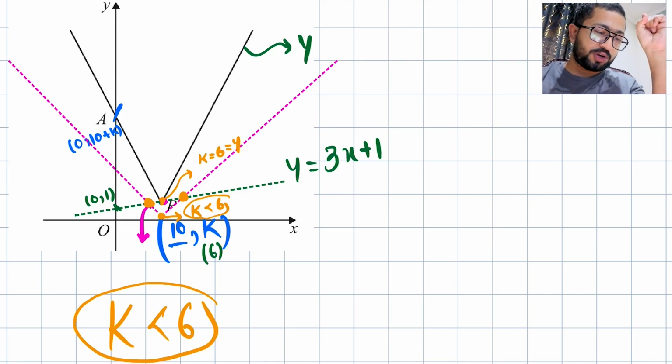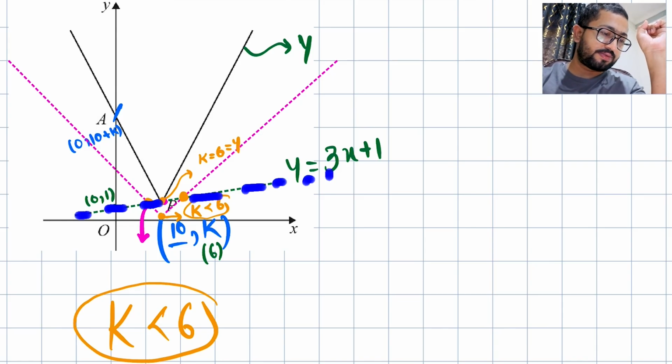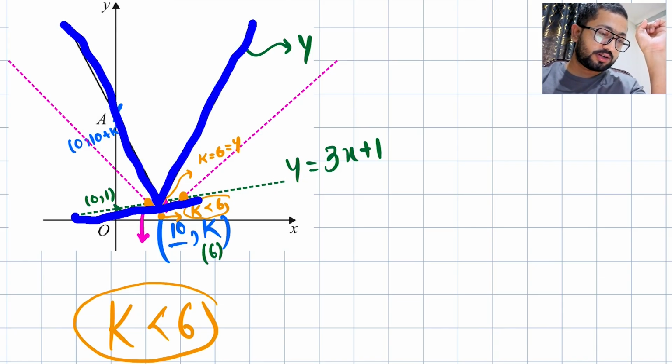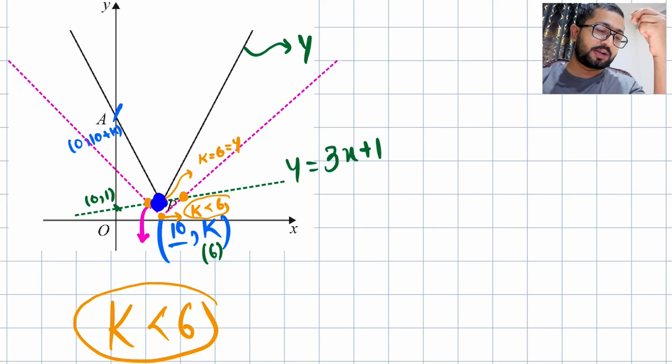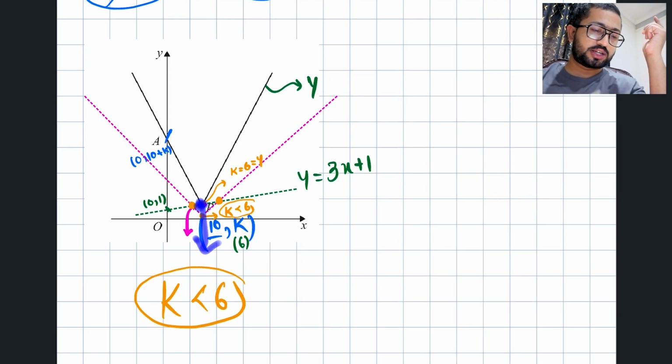If you want to get only 1 point, obviously there is no need to shift your turning point in the downward direction. If you want to get 2 distinct points between the green line and the red graph, check it. Now actually it is going to intersect the graph at only 1 point, but we want 2 points, so you have to shift your turning point in the downward direction.